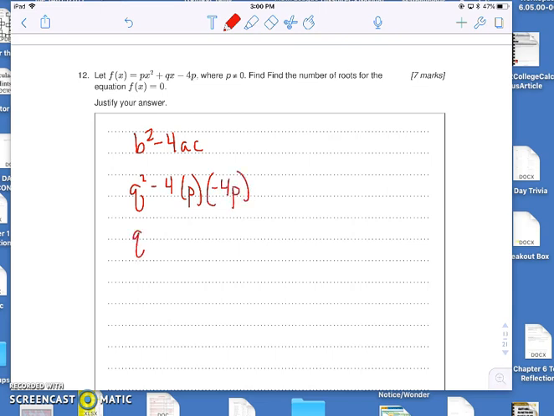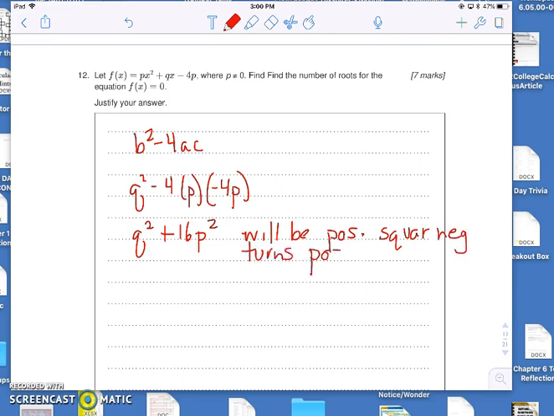So simplifying this would be q squared plus 16p squared. And I would argue that this will always be positive, because when you square a negative, it turns positive. And since it's always going to be positive, there will be 2 real solutions.